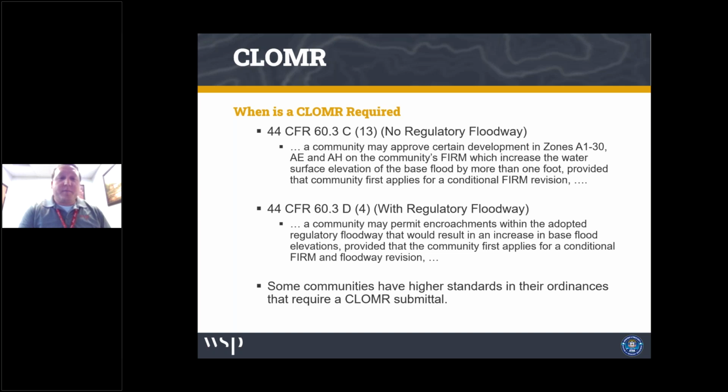It says a community may approve certain development in zone A1, AE, AH on the community's FIRM which increases the water surface elevation of the base flood more than 1 foot, provided that the community first applies for a conditional FIRM revision. So in section C, where we have an AE zone without a floodway, if we're going to cause more than 1 foot of rise with our encroachment, then we have to get a CLOMAR.